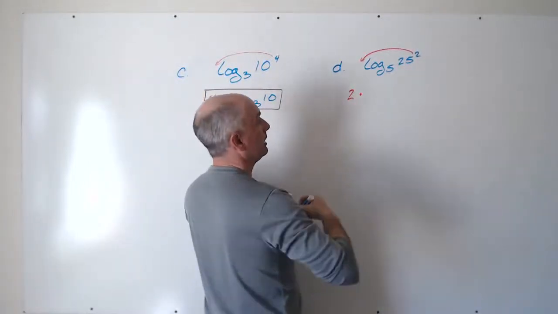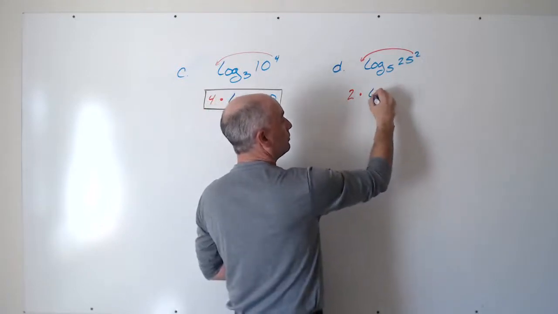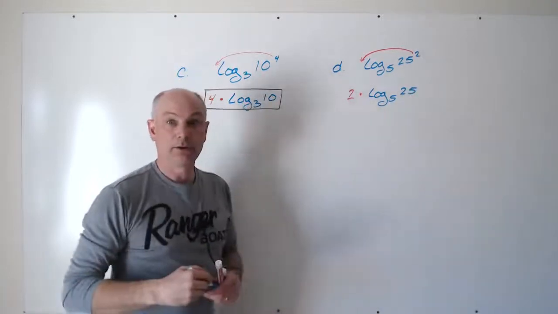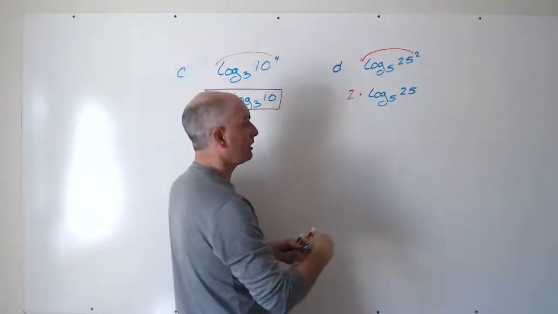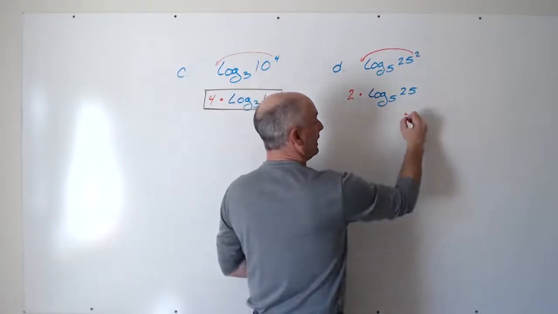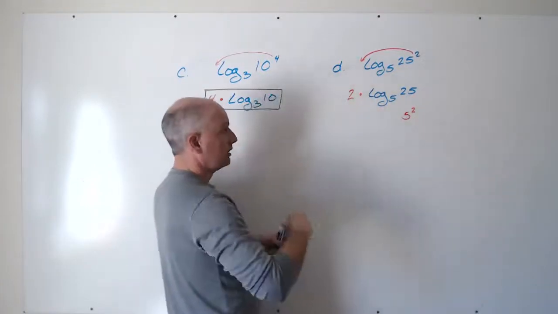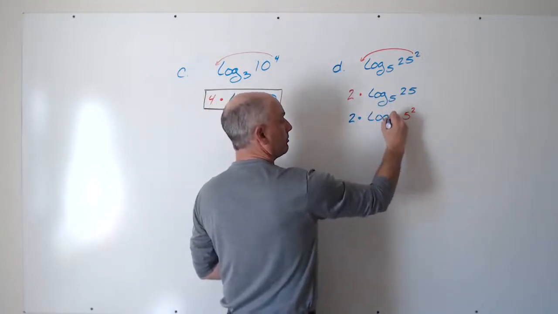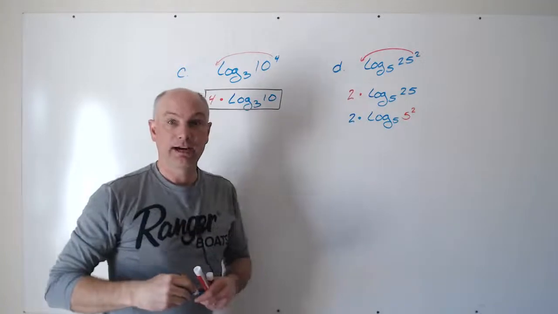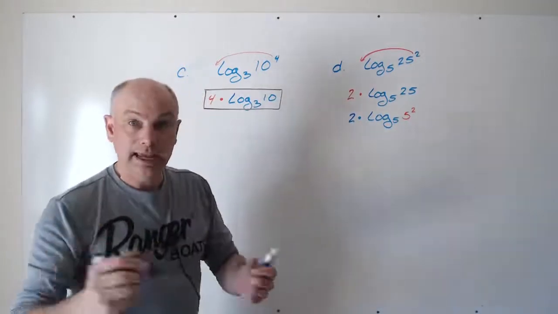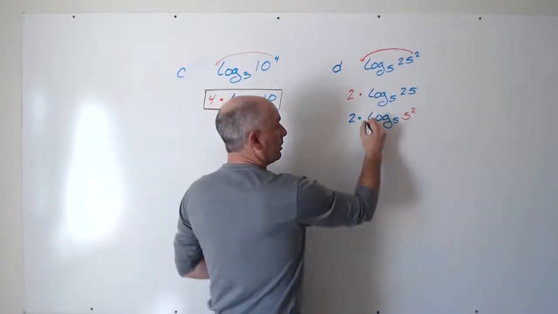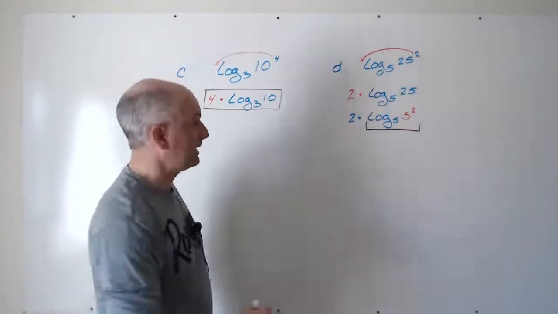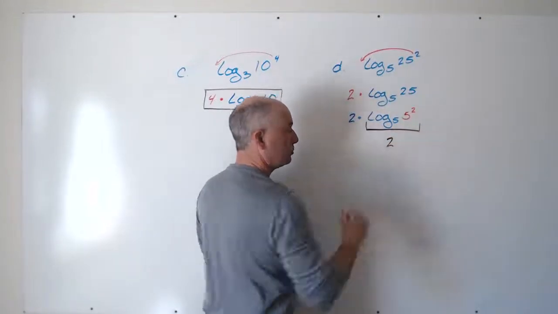So that would allow me to then write 2 times the log base 5 of 25. From here, I should be able to recognize that 25 would be 5 squared. So now I would be taking 2 times log base 5 of 5 squared. As we saw before, log base 5 of 5 squared is something we can simplify immediately and just say is 2.